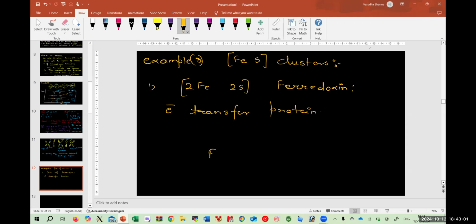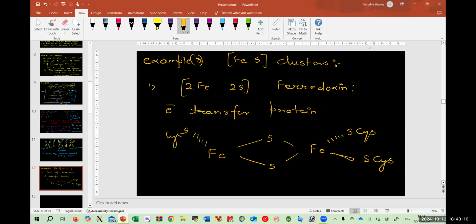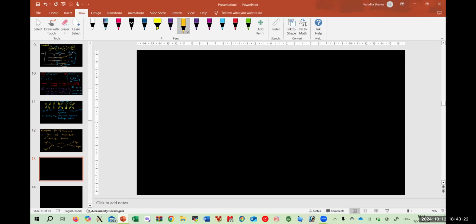The structure is that they are bound with sulfur and having another coordination with amino acid cysteine. So when they are localized, their oxidized form would be iron 3 and iron 3.